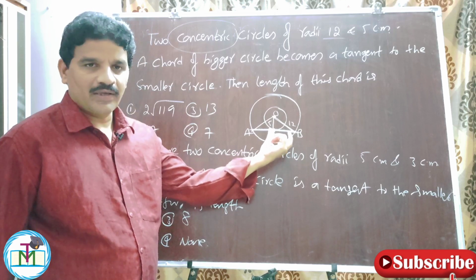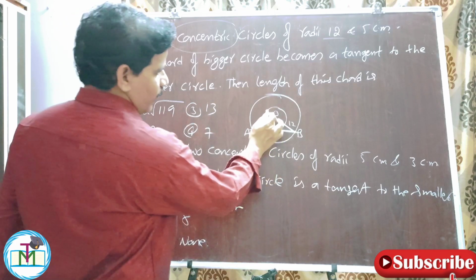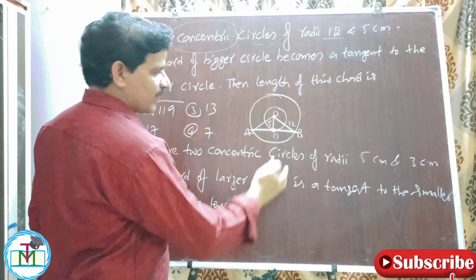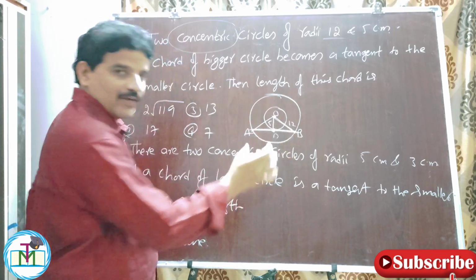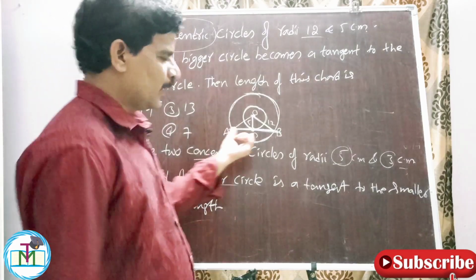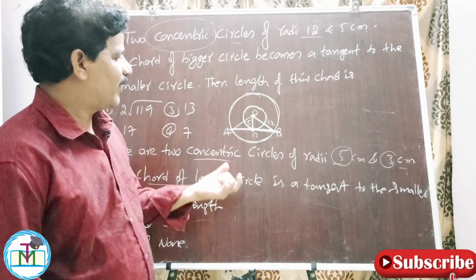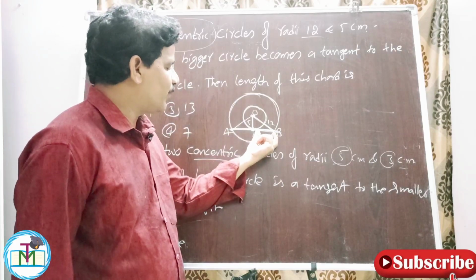How to get the length of BD is given by the Pythagoras theorem. Hypotenuse square is equal to this side square plus this side square, but I want this side square, which is equal to 12 square minus 5 square. So the total chord length is equal to 2 times of this. This formula is already discussed in the previous video. Whenever you want the length of the chord AB, this is 2 times BD, this side square.